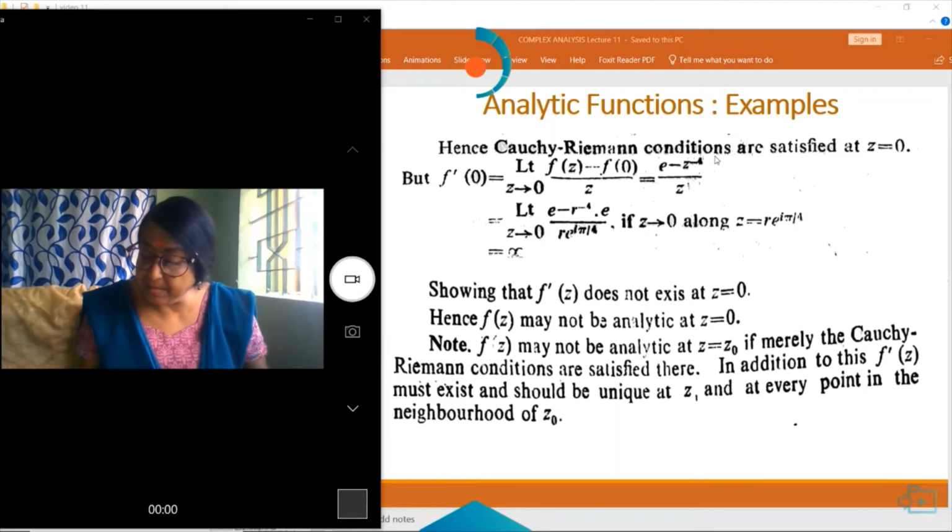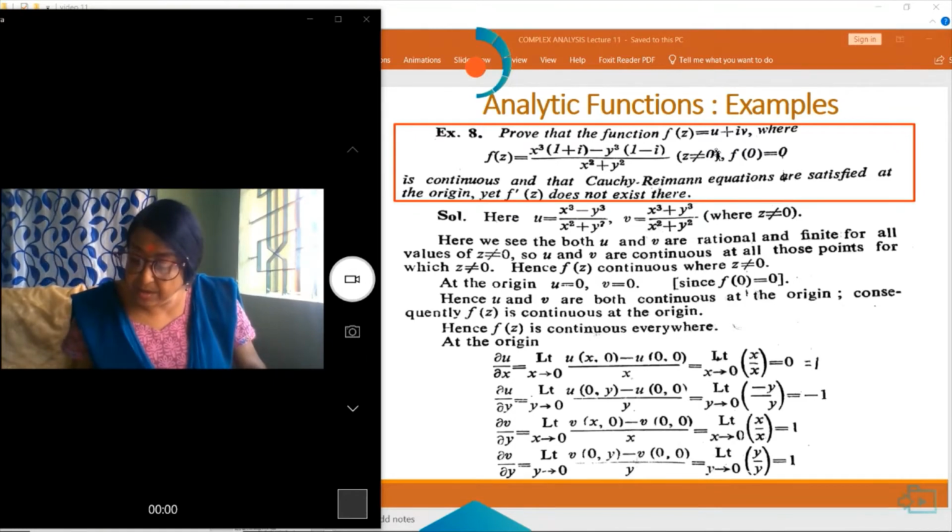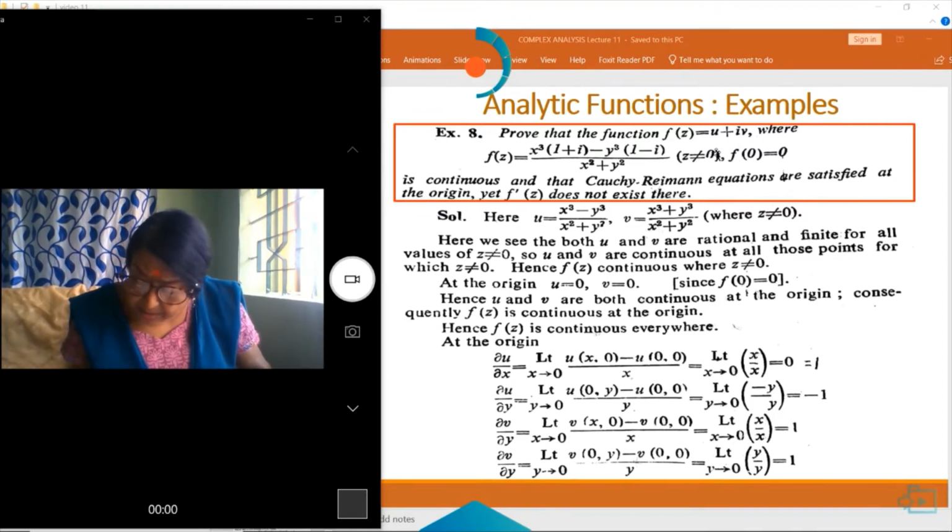Now, take another example. Prove that the function f(z) is equal to u + iv, where f(z) is given and shown. So we start by separating real and imaginary parts. We can see what u and v are. Now again, applying the same procedure, at the origin u is equal to 0 and v is equal to 0, hence f(0) is 0.